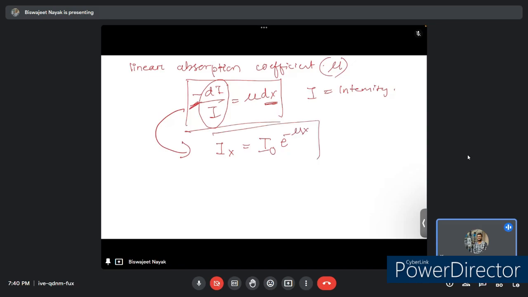where I0 is the intensity of the incident X-ray beam.